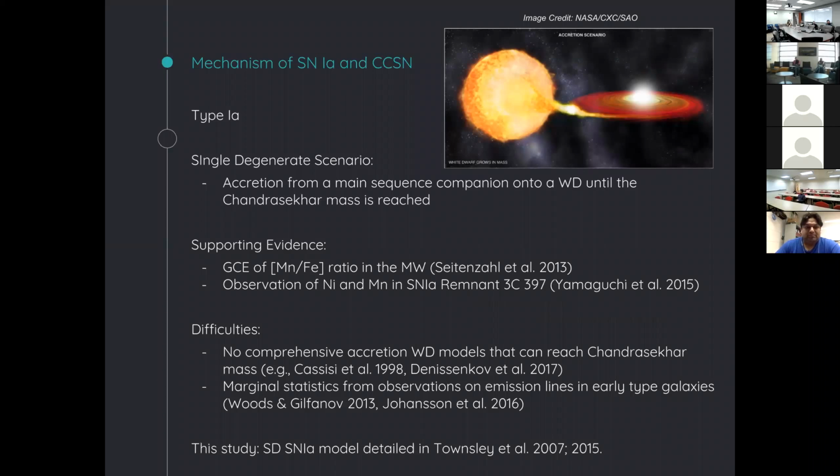The mechanism for the single degenerate scenario is the model that we are investigating currently, and it is the one that I'll show you the work that we've been doing. So you have a main sequence companion which overfills its Roche lobe and material is accreted onto the white dwarf. There's supporting evidence also for this.